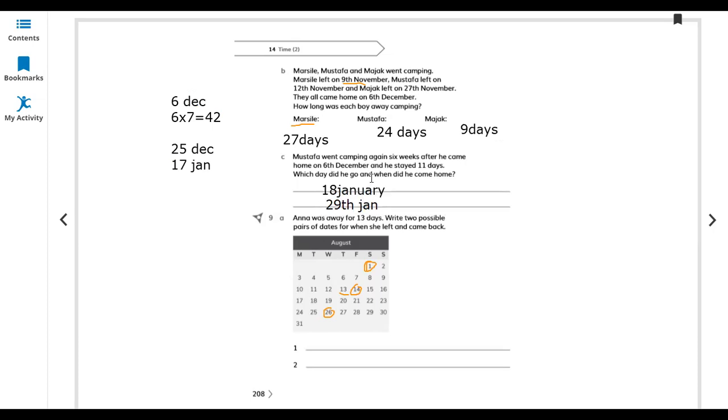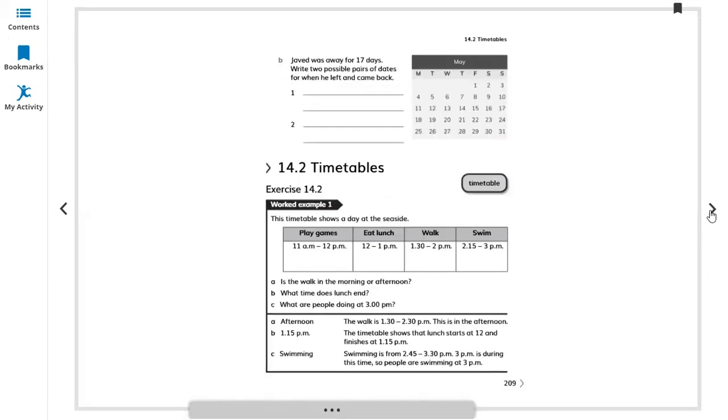Question number 9. As I told you, you can write these dates as in question number 8a, part 1. Let's move to the next page. Part B for 9. Javed was away for 17 days.